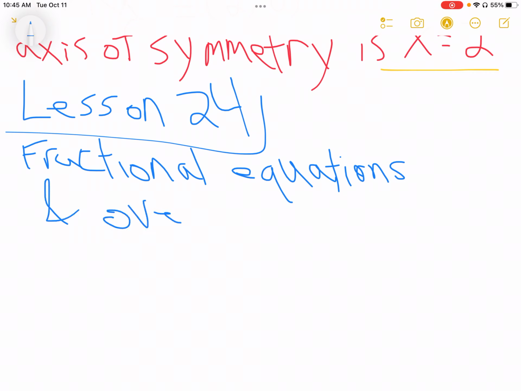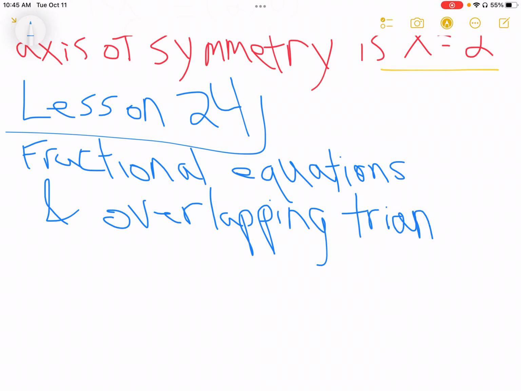Similarly, we talk about triangles a bit here. So let's just start with an example, and then let's talk about solving it.